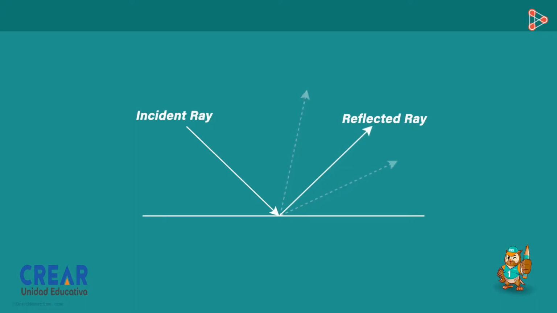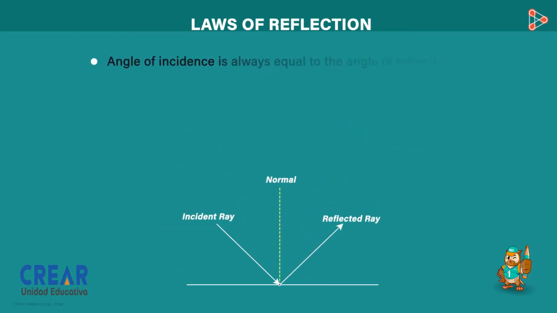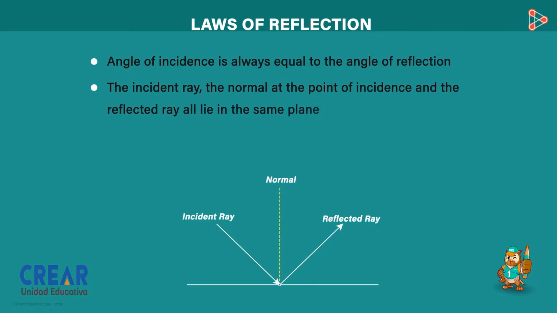If a perpendicular were to be drawn on a reflecting surface, it would be called normal. And here, you will see the angle of incidence and angle of reflection with respect to normal and the reflecting surface. Now we have the refraction.